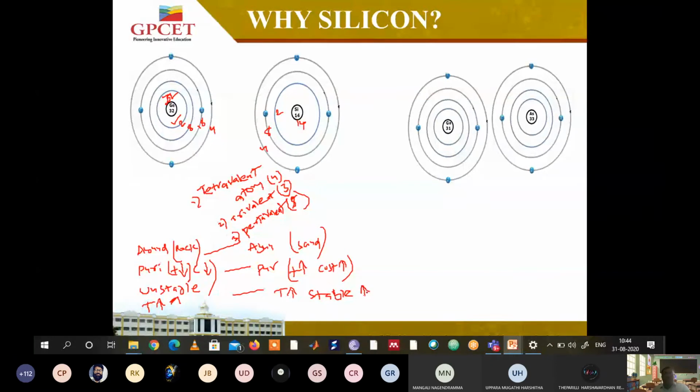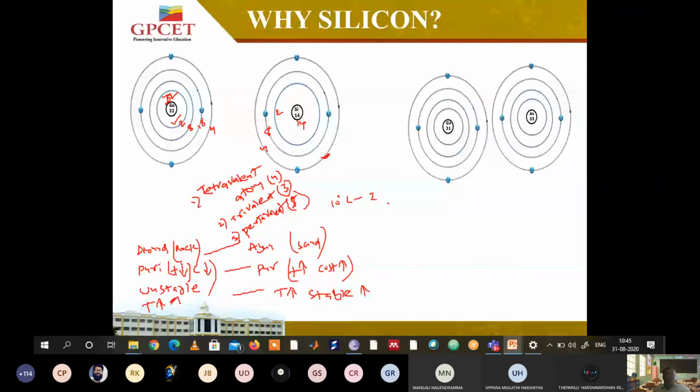It is stable in nature because it contains only 3 orbits. So the last valence orbit is more attracted towards the nucleus than in the germanium atom, because germanium contains 4 orbits, so its outermost orbit electrons are loosely attracted towards the nucleus. So for example, for a 10 degree rise in temperature, only 2 electrons have to come outside.